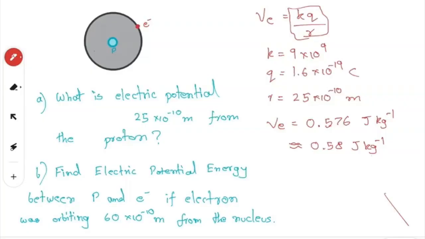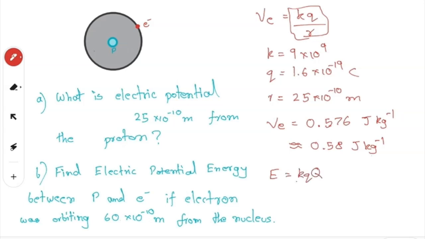Okay, well, let's look at part B. Now, we see that they want you to find the electric potential energy between the proton and the electron if the electron was orbiting at a distance of this much from the nucleus. Well, we know the formula for electric potential energy is kQq by r.